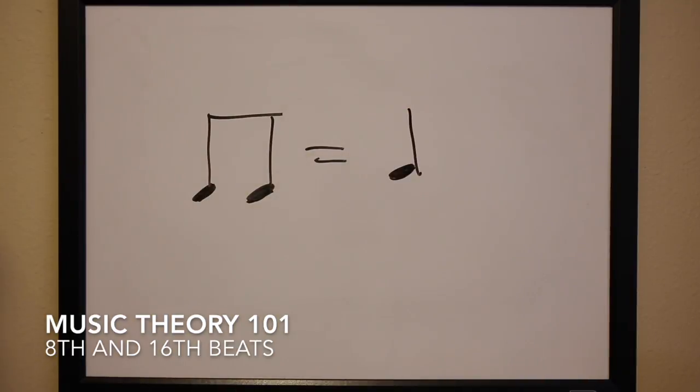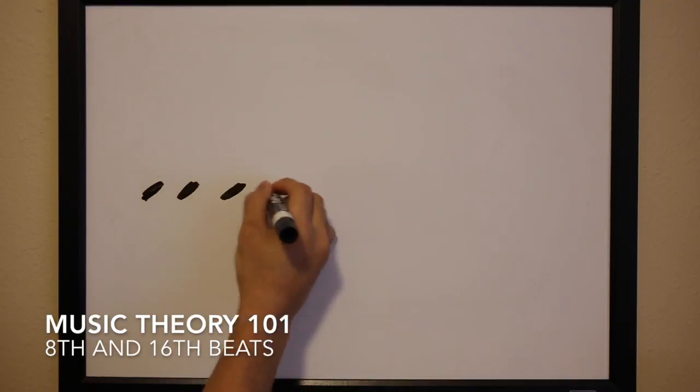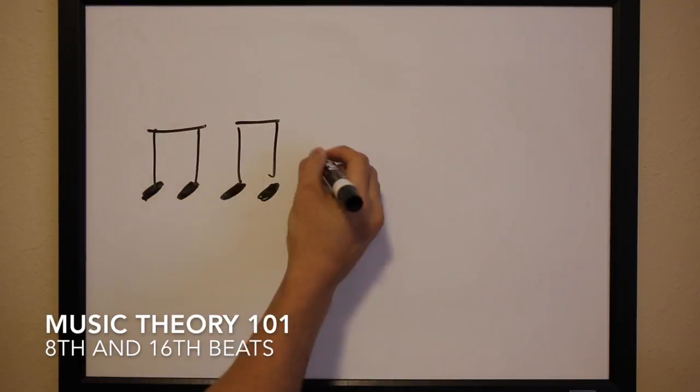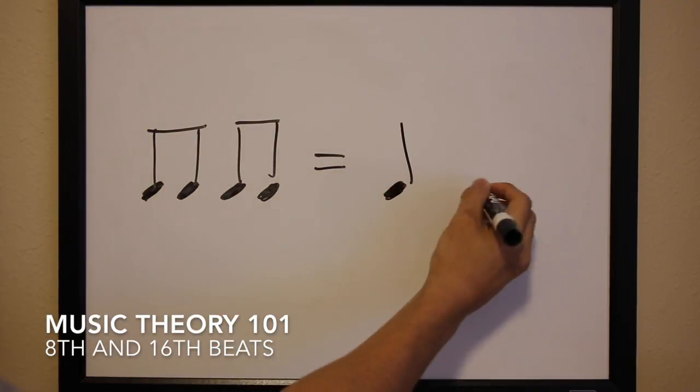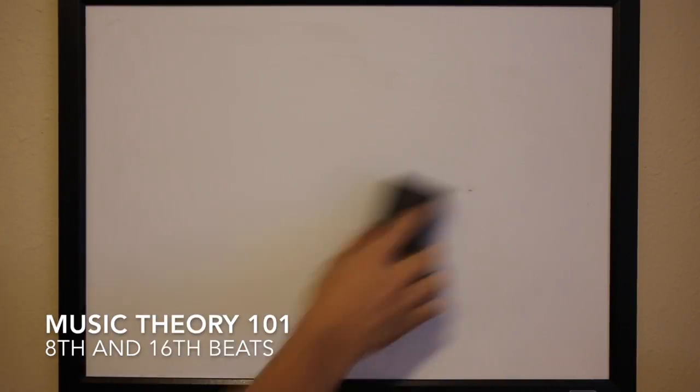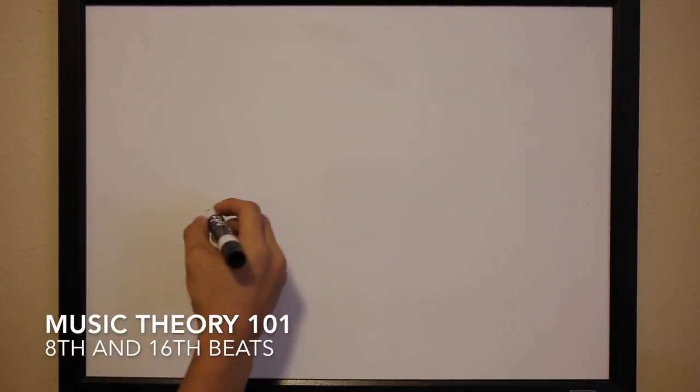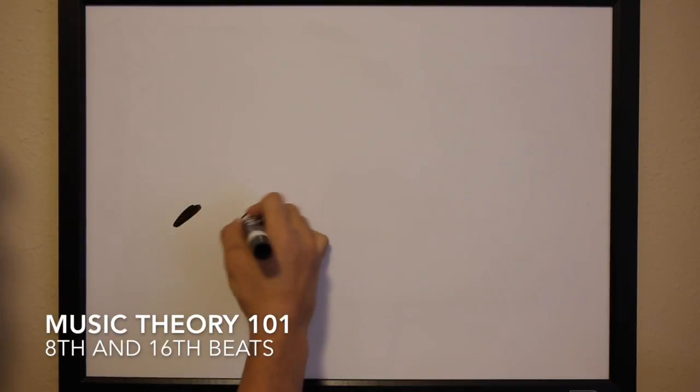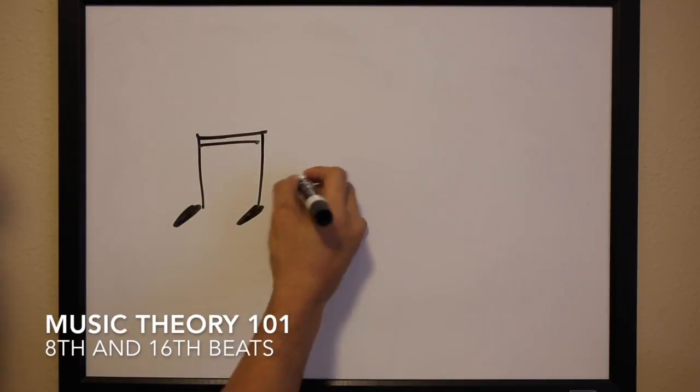If I have two eighth beats, they equal one quarter beat. If I have four eighth beats, they equal two quarter beats. If I have two 16th beats, I make one eighth beat.